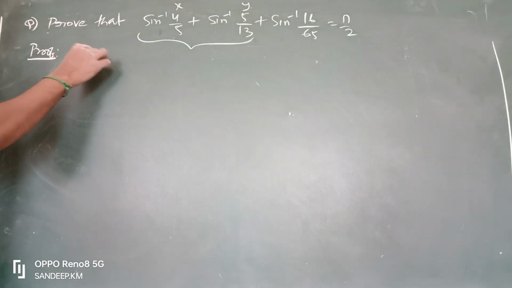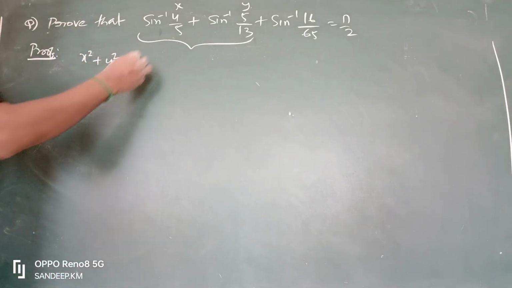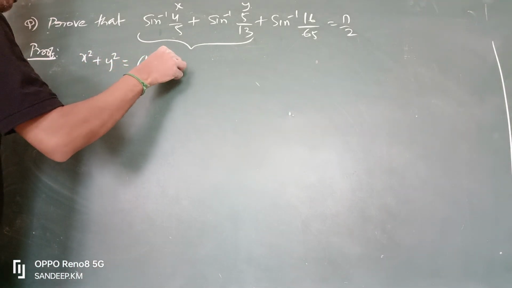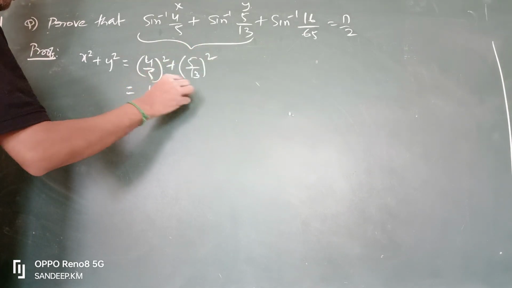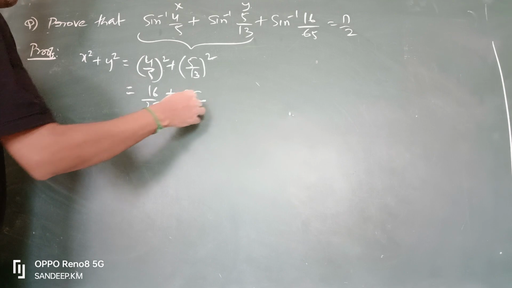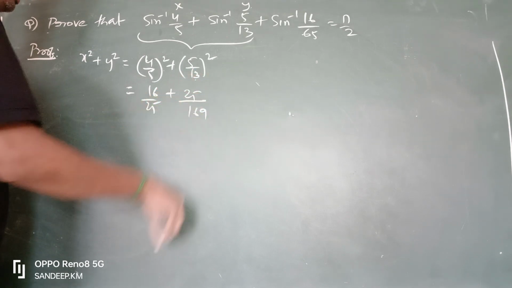Try to find what is x square plus y square. That means 4 by 5 whole square plus 5 by 13 whole square. You get 16 by 25 plus 25 by 169.